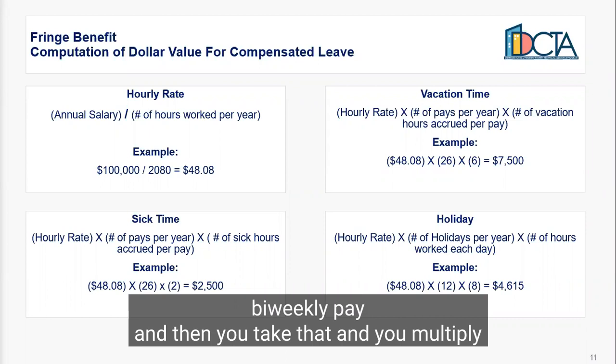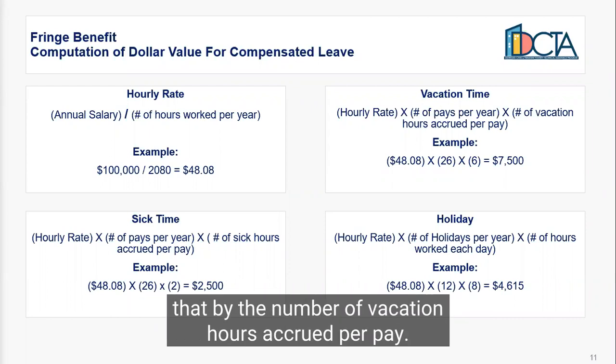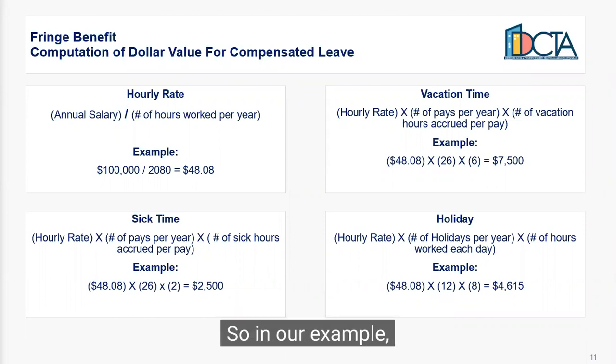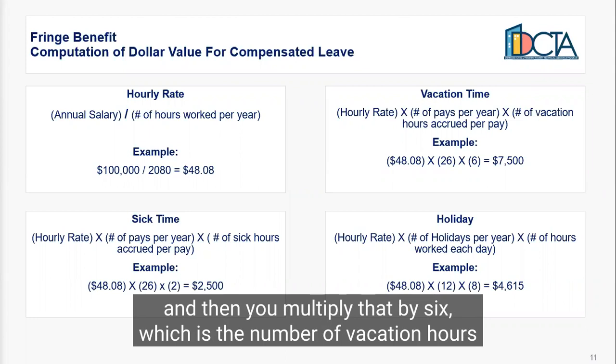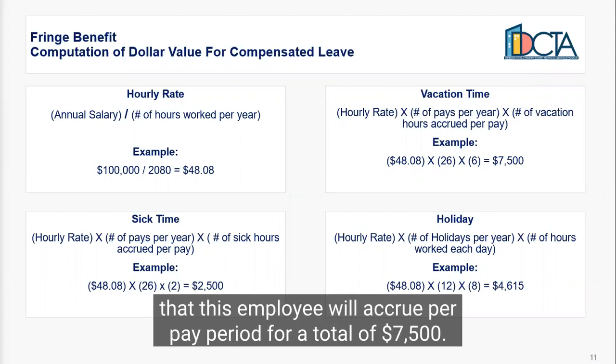And then you multiply that by the number of vacation hours accrued per pay. So in our example, that would be the hourly rate of $48.08, multiplied by 26 pays per year, and then multiplied by 6, which is the number of vacation hours that this employee will accrue per pay period, for a total of $7,500.